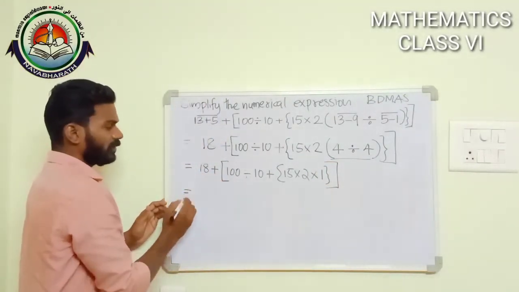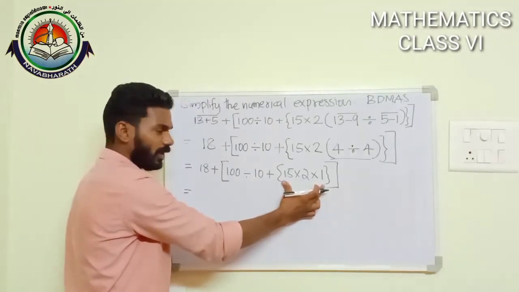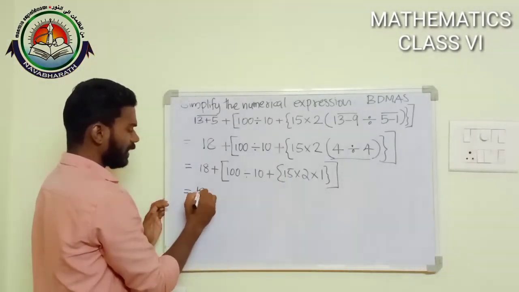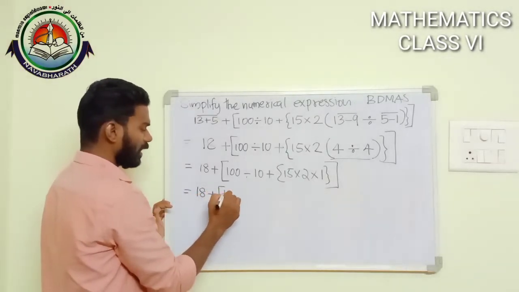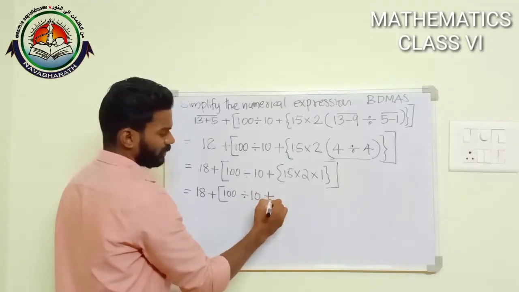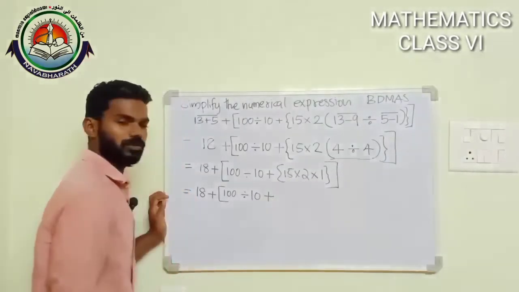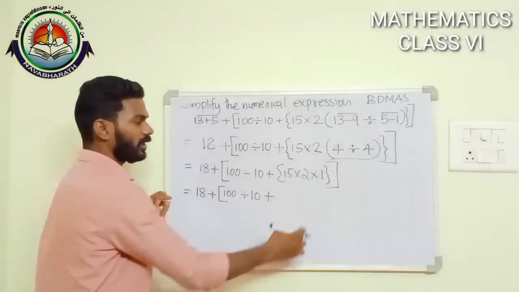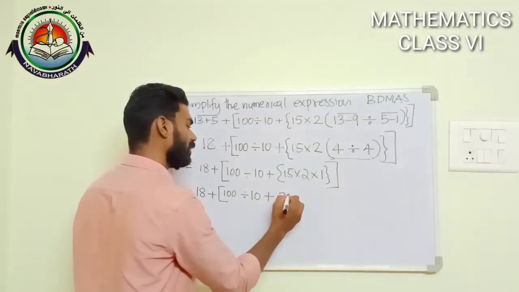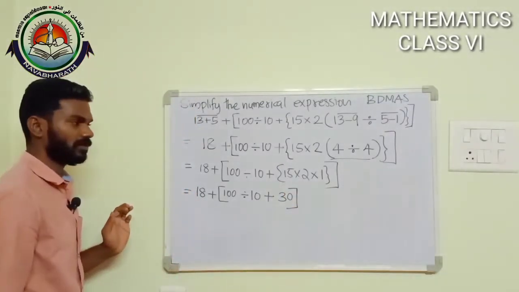Thereafter this bracket would be here and this bracket has to be closed. Now the next bracket is this inner one. Simplify it. What would be the answer? 18 plus 100 divided by 10 plus, what would be the answer? 15 into 2 is 30. 30 into 1 is 30 itself. Clear? Now close the bracket.